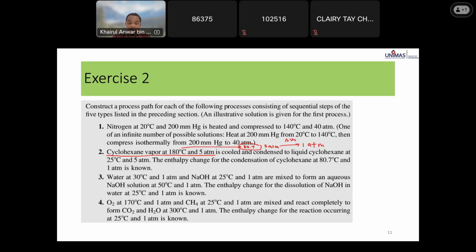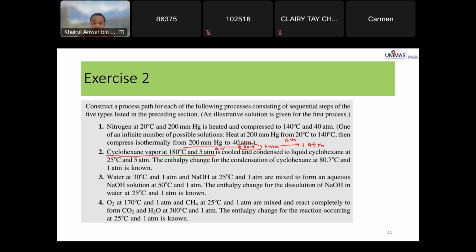Delta H1 at 180 M: cyclohexane vapor, still vapor, temperature is 80.7.